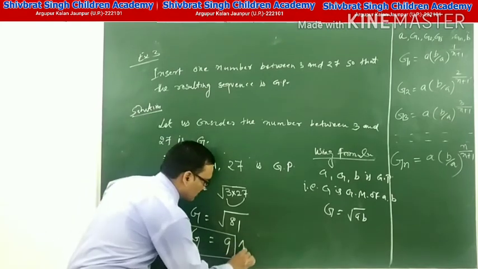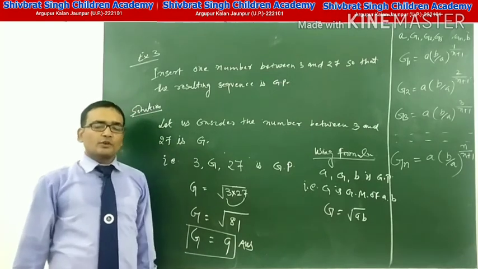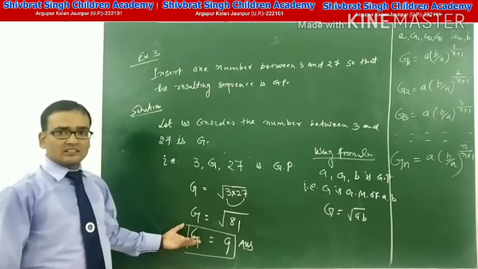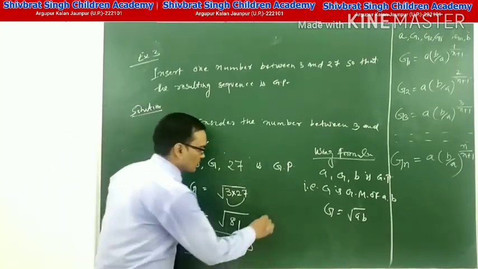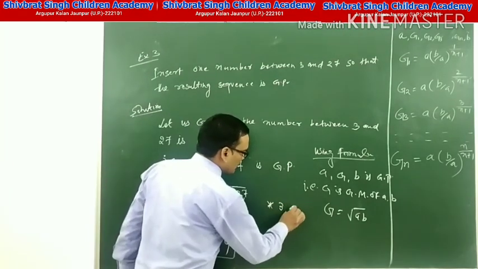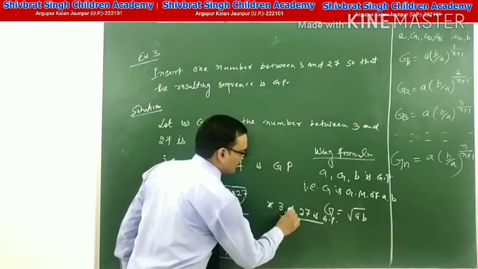Your answer is 9. But check whether your answer is correct or wrong. Why are you checking whether this answer is correct or incorrect? Now here 3, 9, 27 is a GP. Check, is this a GP?